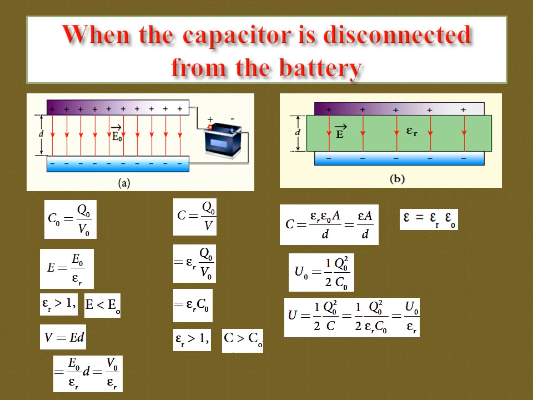Just substituting that and you get your value of U as U naught by epsilon R. Now again the condition is when epsilon R is greater than 1, we get U less than U naught. Thus there is a decrease in energy because when the dielectric is inserted, the capacitor spends more energy in pulling the dielectric inside.